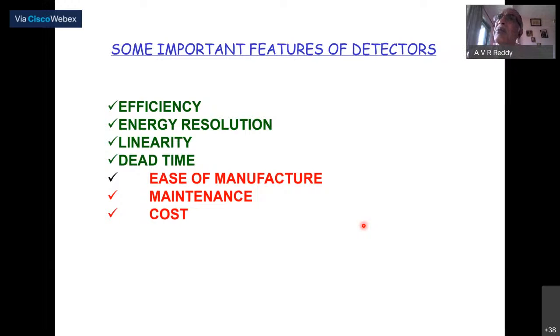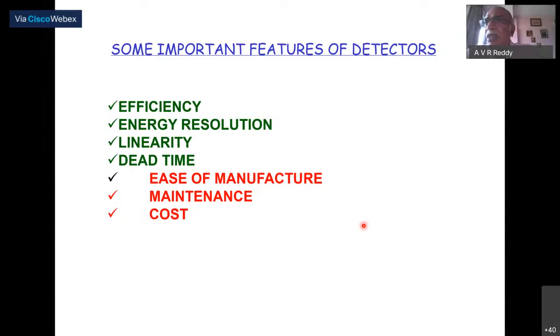Dead time is another important aspect, where the detector becomes inactive or dead depending on the count rate of the sample as well as the electronics. There are a variety of reasons. Mainly the sample dose is the reason, and of course, electronics also. So if we know the dead time, we can correct for it so that we will get the exact intensity of that particular radiation.